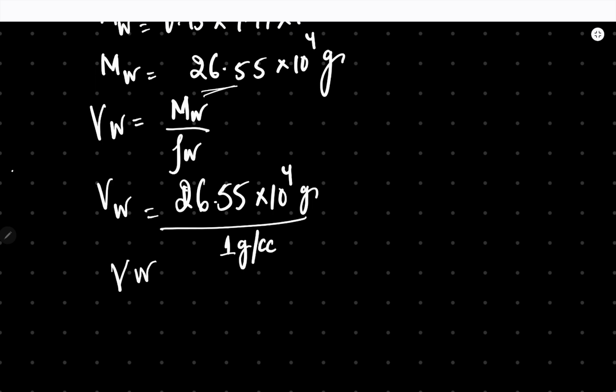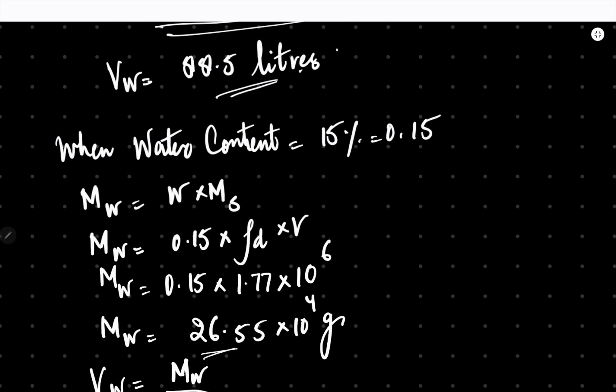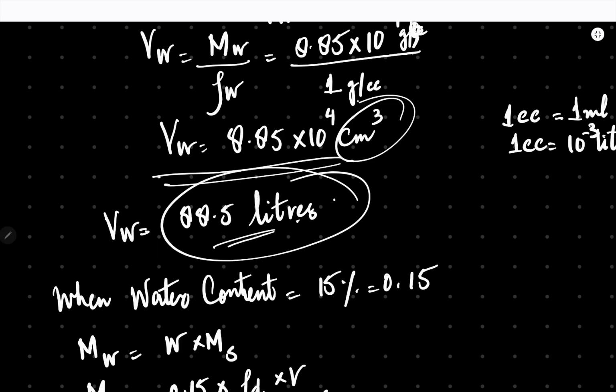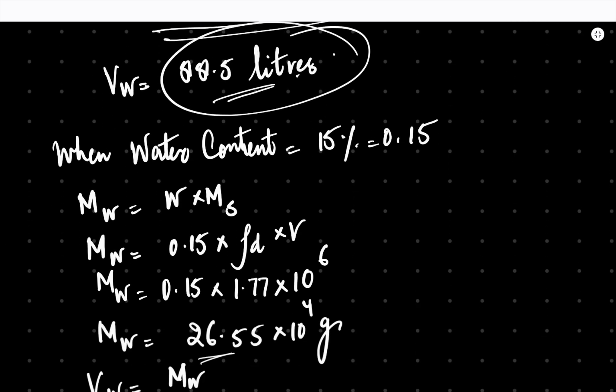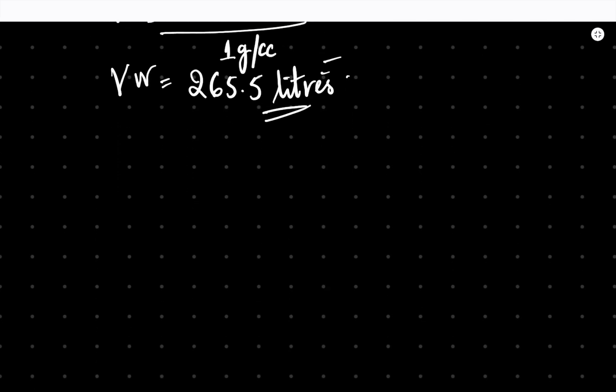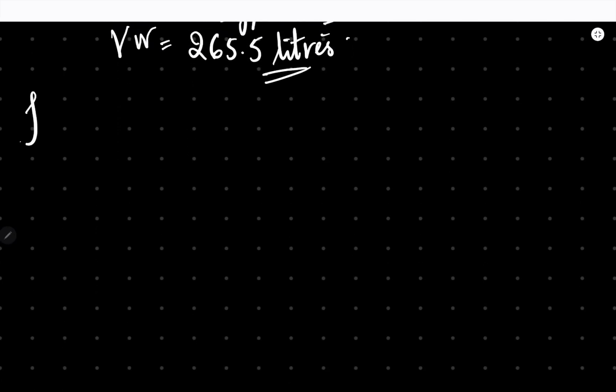So volume of water in this case becomes 265.5 liters, the volume of water at 15% water content. And this was the volume of water at 5% water content. So how much water you need to add to the soil so as to raise its water content from 5% to 15% is the subtraction of the two.